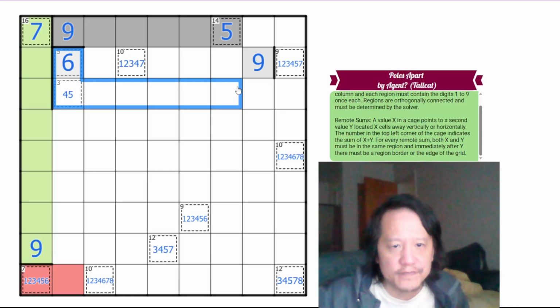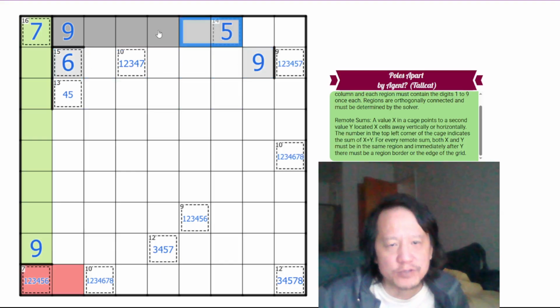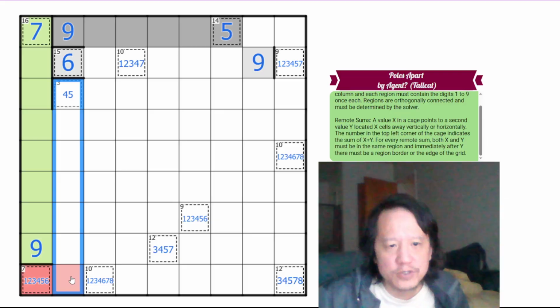If we try to make it 5, the problem is we have 1, 2, 3, 4, 5, 6, 7, and then we have to connect 8 and 9. And then we have 4 cells in the region that can only be a medium, but that's too many for that. So this has to be separate regions because of that. So then this could be part of red, or it could be its own region. We don't know. We're going to make it pink.